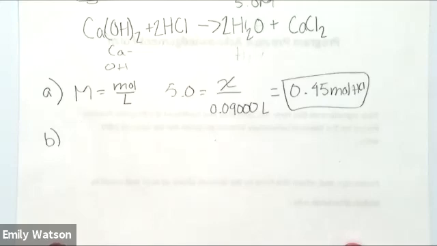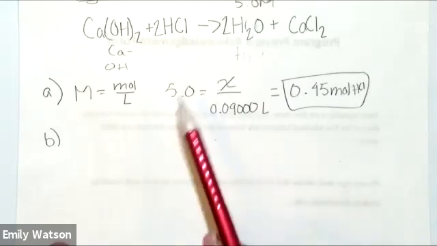Where are we going to start this math part? In moles of... not limiting reactant. There is limiting reactant, not in this question, but in the next. Yes, we're going to start with the moles of hydrochloric acid.